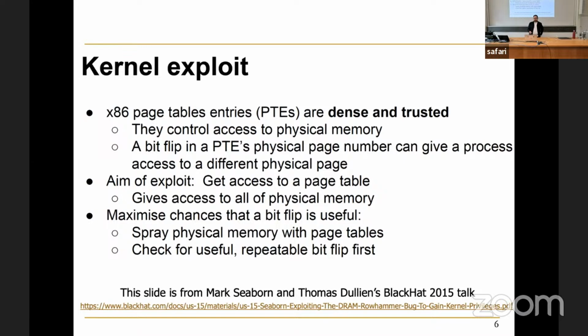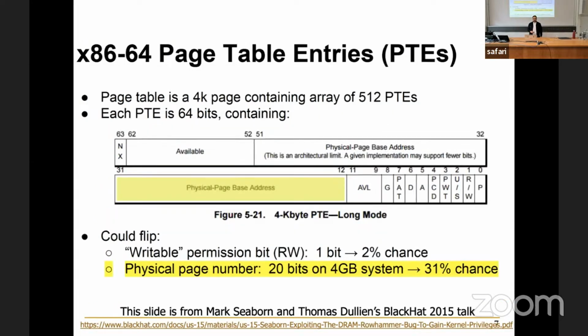They aim to get access to the page table that gives access to all of physical memory. They maximize their chances by spraying physical memory with page tables, and they check for useful and repeatable locations in the memory that are vulnerable to RowHammer.